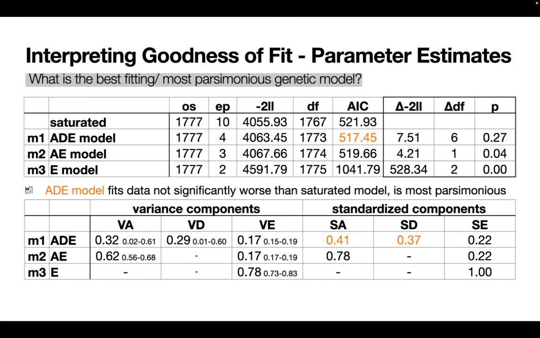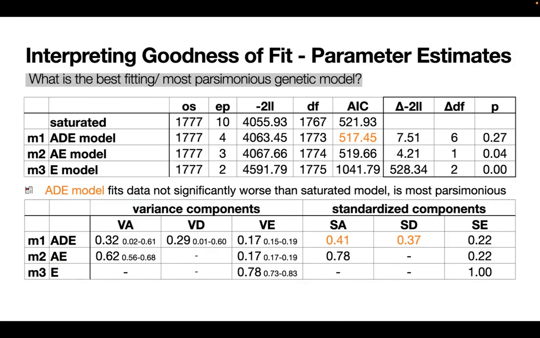And you can see that even when we ask to estimate confidence intervals, all 3 confidence intervals do not include 0, indicating that each of these variance components indeed contributes significantly to BMI in Australian females in this sample. The proportion of variance accounted for by the additive component is 0.41.